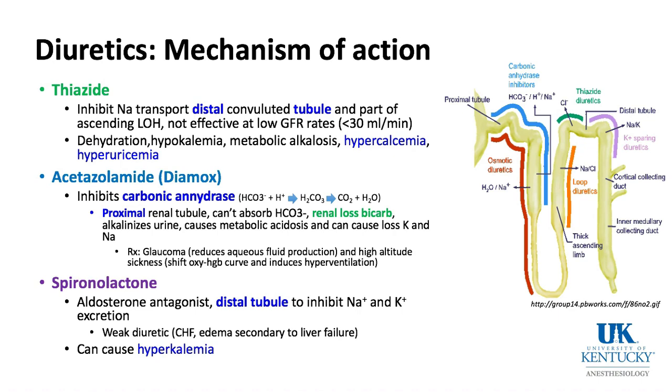And basically, if the proximal renal tubule carbonic anhydrase is inhibited by Diamox, you can't absorb bicarbonate. And so you pee bicarbonate. And so you'll pee a very alkaline urine, and if you're peeing bicarbonate, you're going to get more acidotic in your body. And so a metabolic acidosis ensues, and you also can get a loss of potassium and sodium.